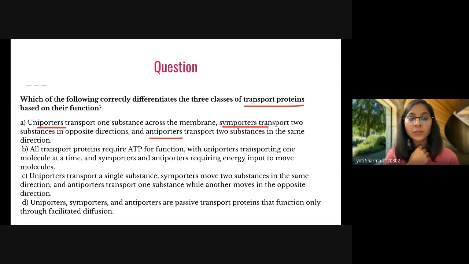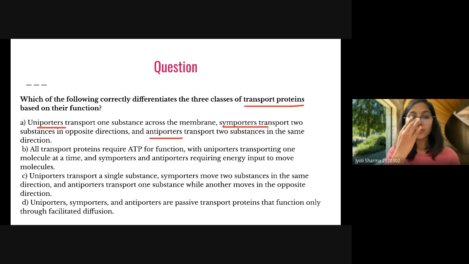The first option: uniporters transport one substance across the membrane, symporters transport two substances in opposite direction, and antiporters transport two substances in the same direction. The B option: all transport proteins require ATP for function, with uniporter transporting one molecule at a time; symporters and antiporters require energy input to move molecules.